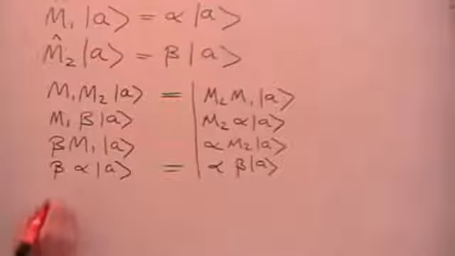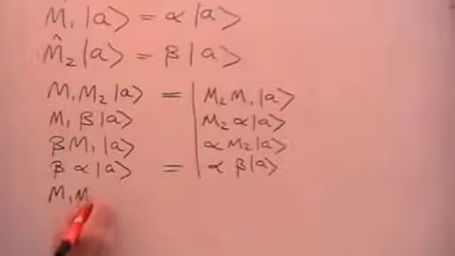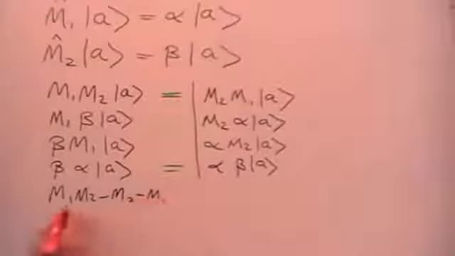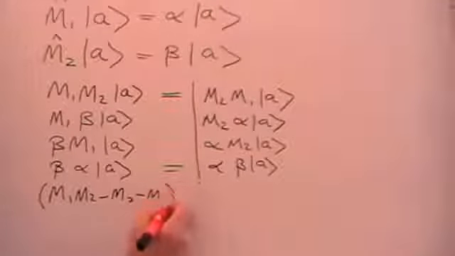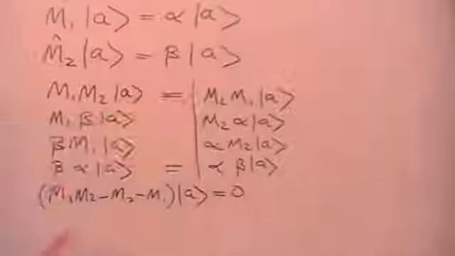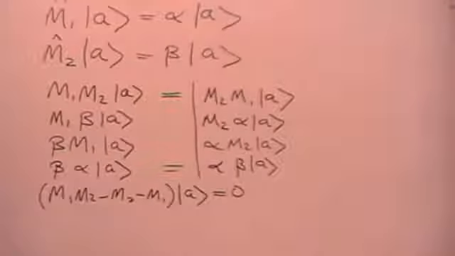So if you like, you could write this as M1 M2 minus M2 M1 acting on A equals 0. Because those two are equal, so if you take one from the other, sorry, that shouldn't be a minus there, it's minus M2 M1 acting on A is 0.